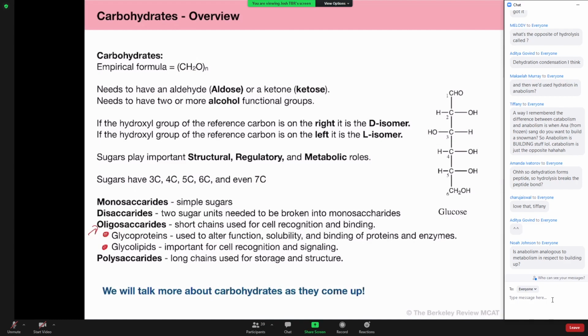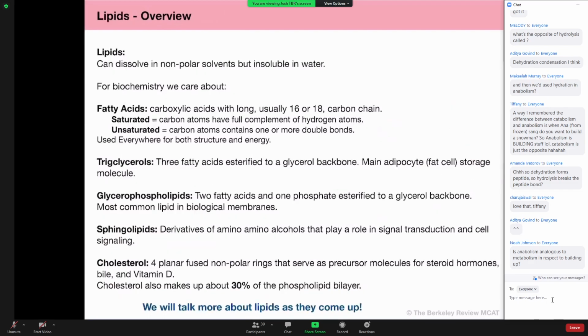And then polysaccharides, these are just long chains used most often for energy storage, or if we're talking about plants, structure. So starch and glycogen are energy storage, and then chitin and cellulose in plants, where cellulose is actually the most abundant organic molecule on Earth when we're talking about polysaccharides. And again, we're going to talk about those more as they come up.